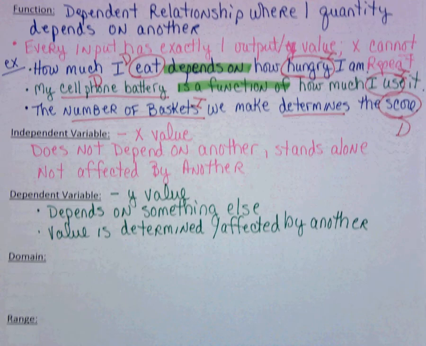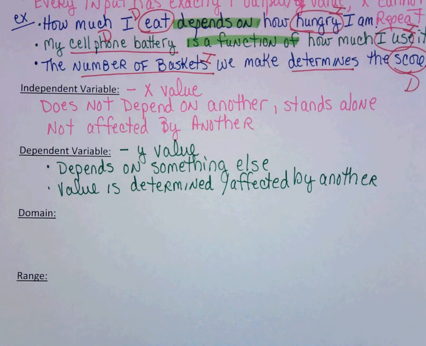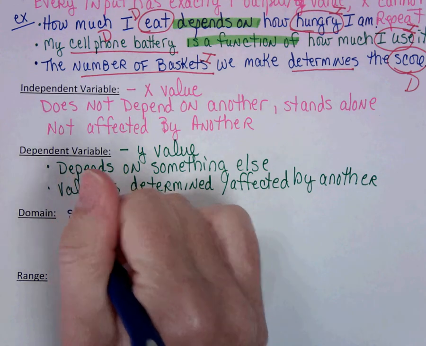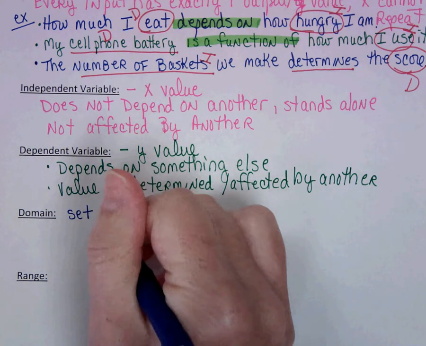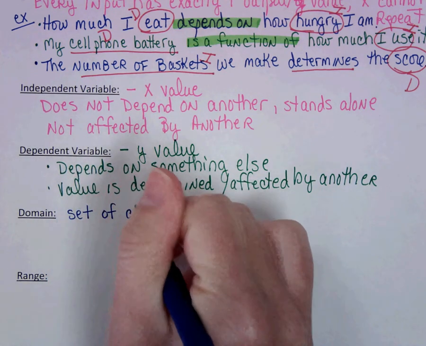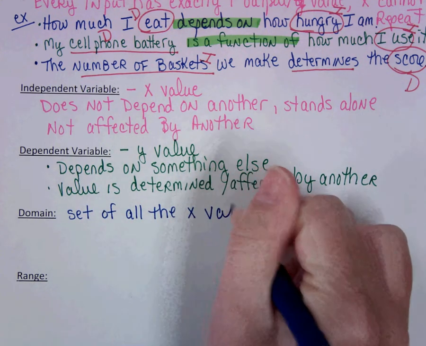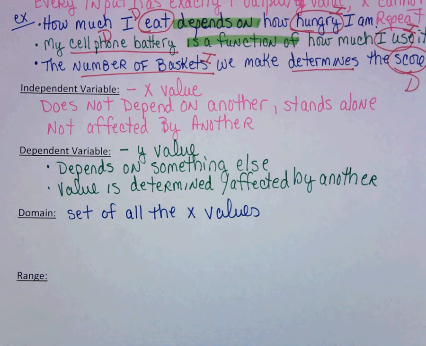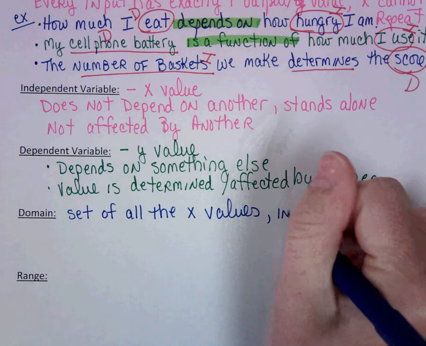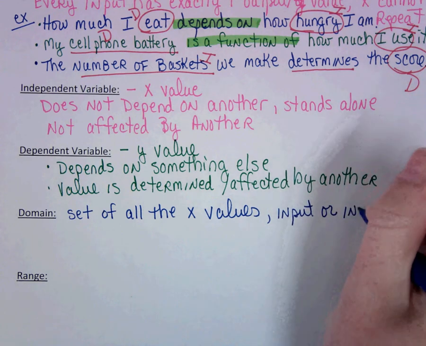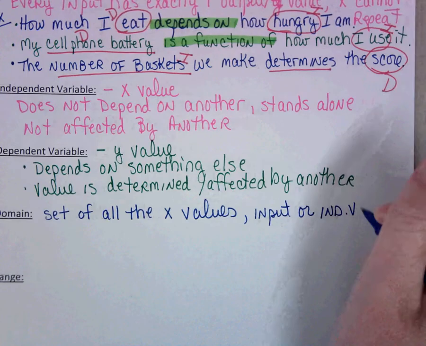The last two definitions are domain and range. We do a lot with domain and range throughout the year. Domain is the set of all the x values, which means we could also call it the input or the independent variable.